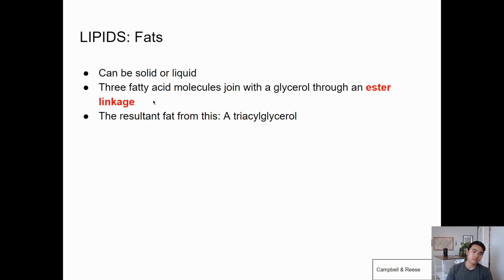And when you have 3 fatty acid molecules joining with a glycerol, glycerol is almost like the base of it, and then you have 3 fatty acids, you get a triacylglycerol. So the importance of this is understanding that 1, ester linkage is the covalent bond, and 2, fats stem from 3 fatty acid molecules with a glycerol, triacylglycerol. You may see this a lot, especially if you enter the medical profession.